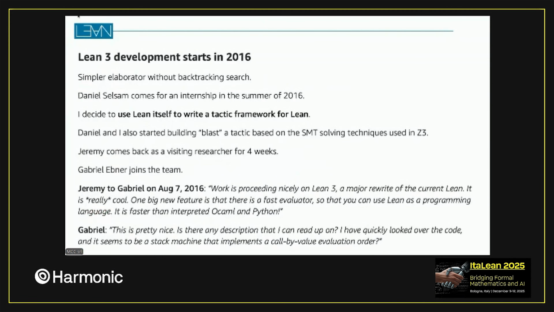I wrote an interpreter for Lean, and I actually forgot that Gabriel, I thought Gabriel came earlier to the project, but it was in 2016 that he joined. Jeremy keeps telling him about the new interpreter, that it is faster than Python, and you can write your tactics there, and Gabriel is saying, oh, I'm learning.